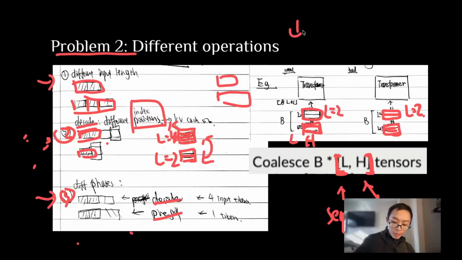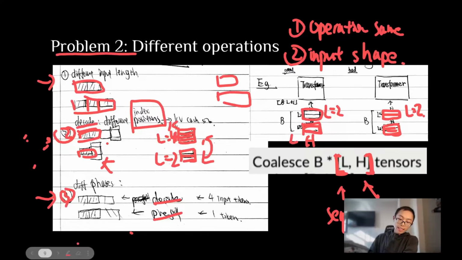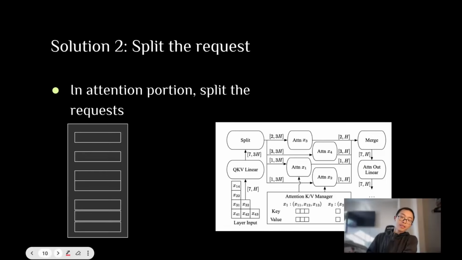So when can we group them together? First, the operation is the same, so either both prefill or both decode. And secondly, the input shape should be the same. That means the same number of tokens as input for X, K and V. How to solve this problem?